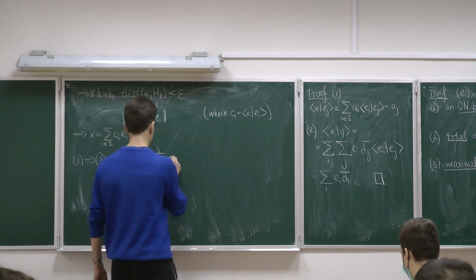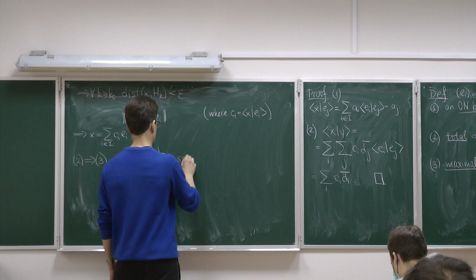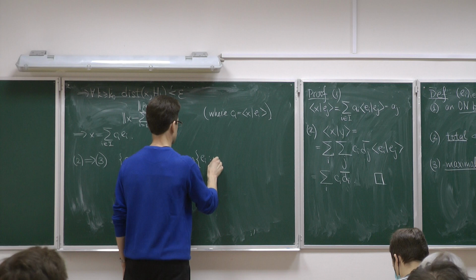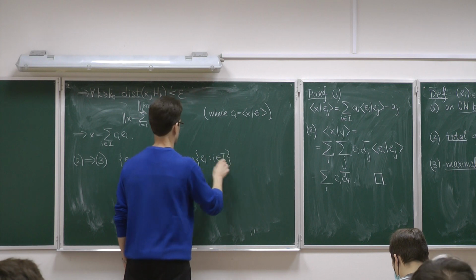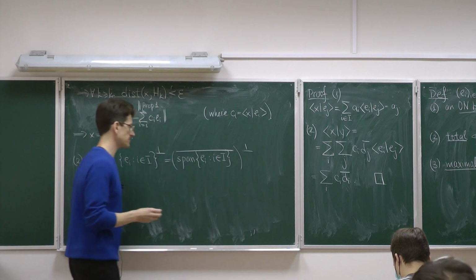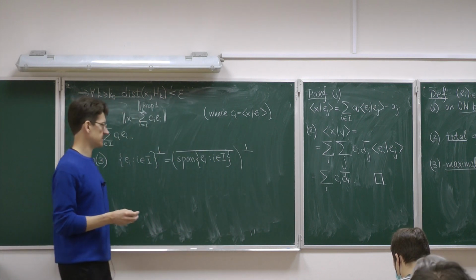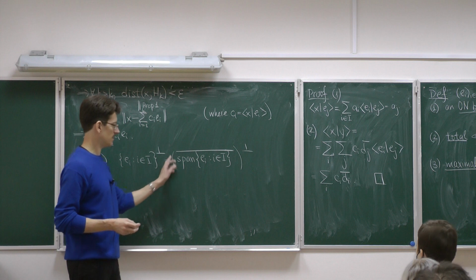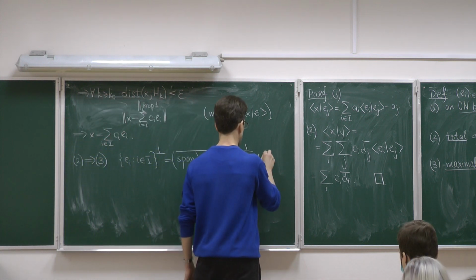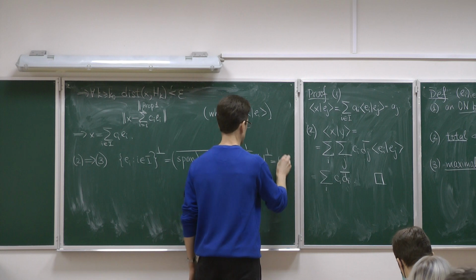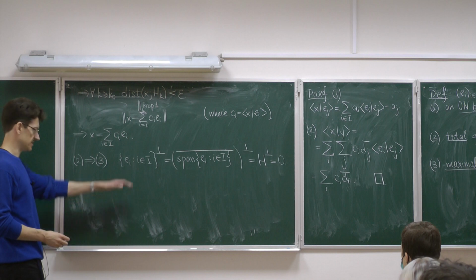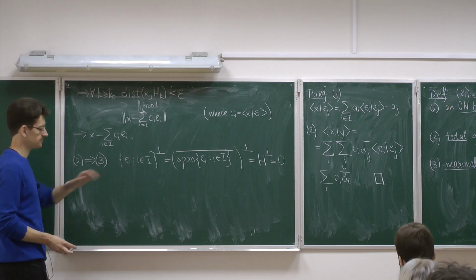Well, we know that the orthogonal complement equals the orthogonal complement to the closure of the linear span of this set. But since our family is total, the closure of this linear span is the whole of H. And of course, the orthogonal complement of H is 0. And so this implies that our family is maximal.